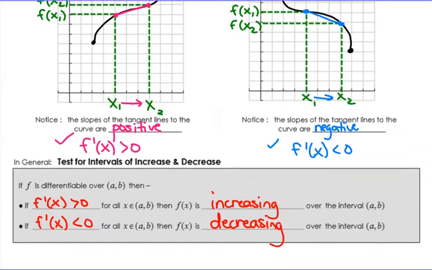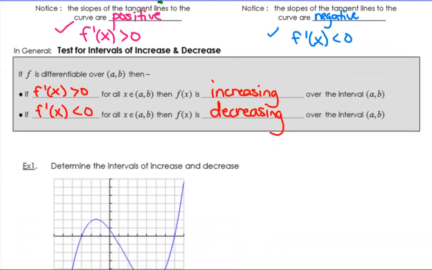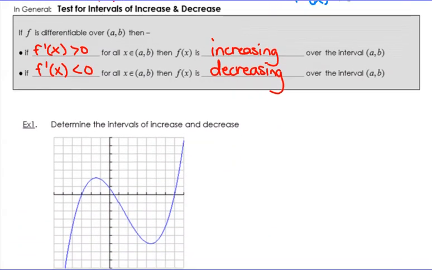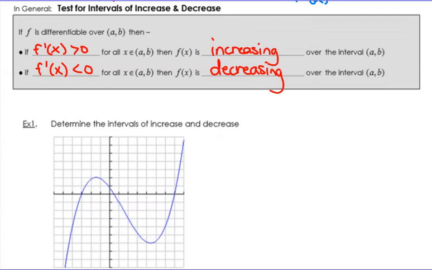Okay, so to summarize, if you want to test for intervals of increase or decrease, you have to take the first derivative, and if your first derivative is positive, that means your original function is increasing. If it's decreasing, then that means your first derivative was a negative number.